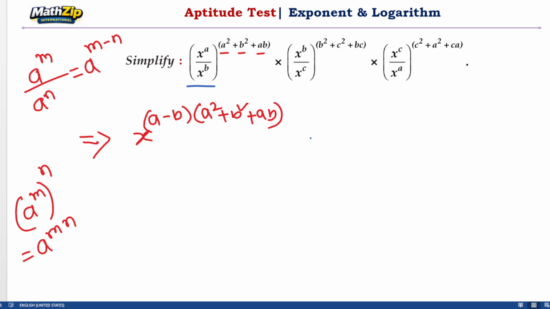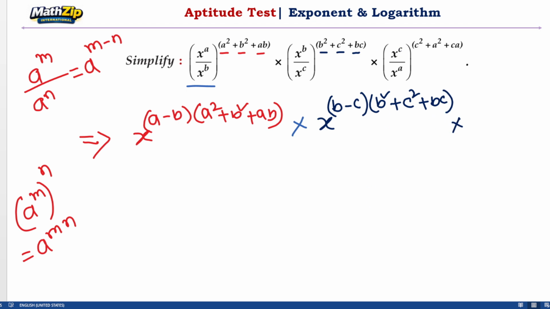Same thing in here, we can write (x^b divided by x^c) to the power (b² + c² + bc). So same thing, x to the power (b − c) times (b² + c² + bc).